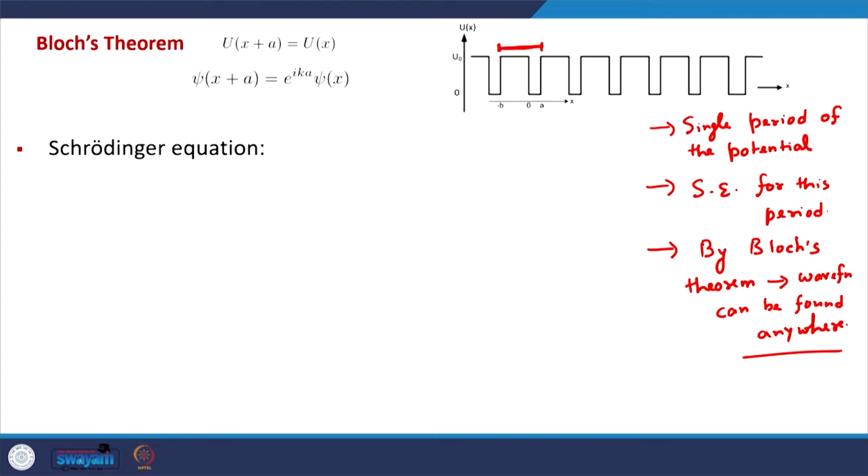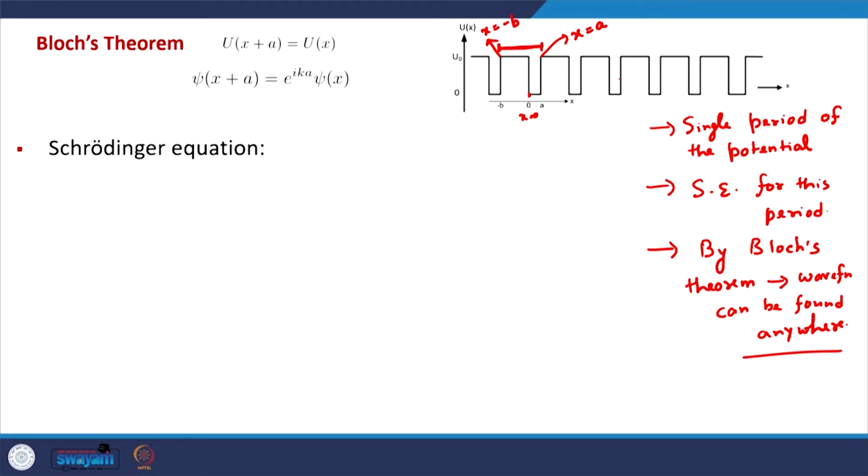Just for the sake of convenience, we define this point to be the x equal to 0 point, we define this point to be x equal to a, and this point to be x equal to minus b.